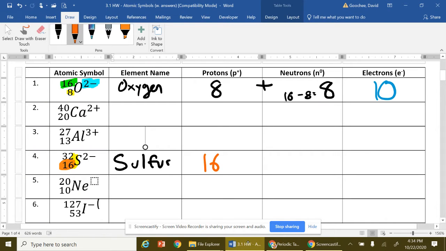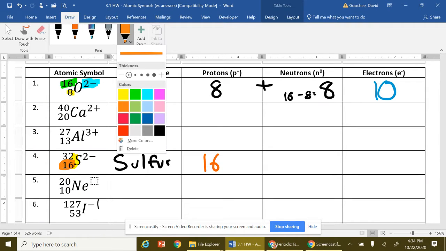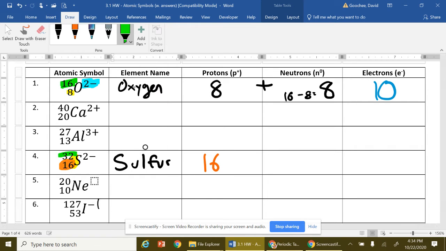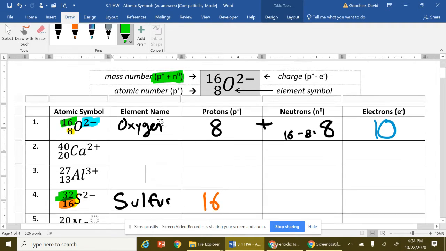How many neutrons does it have? We know that this upper left number is the mass, which is the protons plus the neutrons.